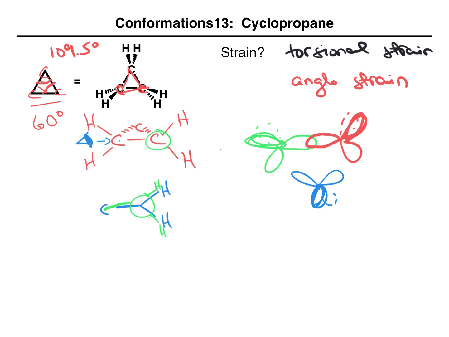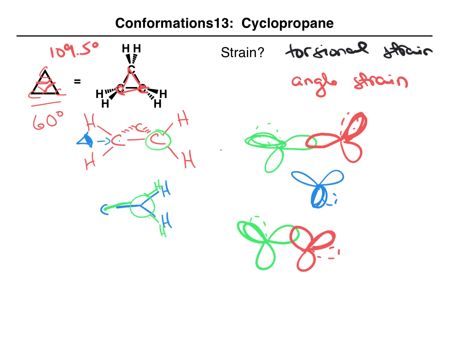So instead, what we can think about is that, well, maybe we'll draw the first one the same. Here is our first tetrahedral atom, and then our second one, instead of having this effective end-to-end overlap, it kind of has to overlap at an angle. So it'll be kind of a glancing overlap, forward and back.